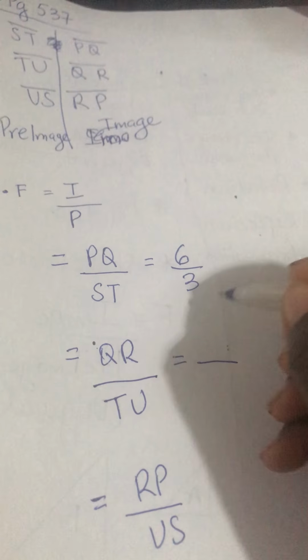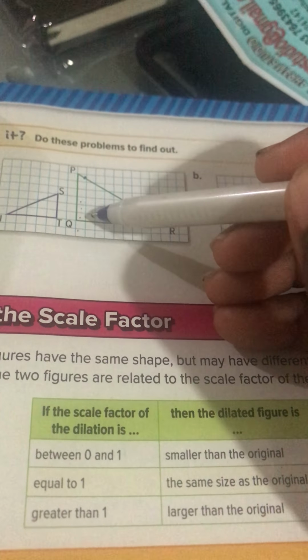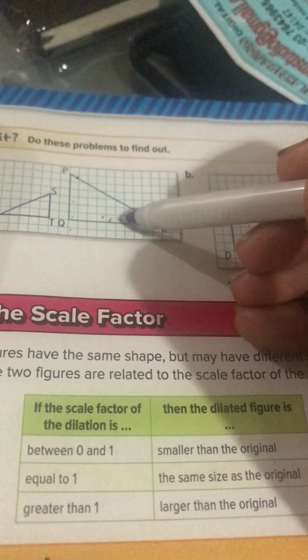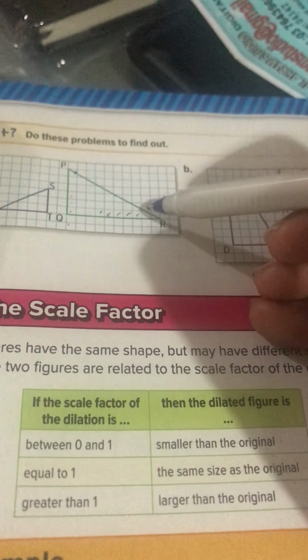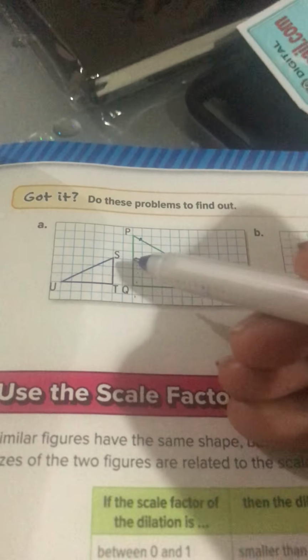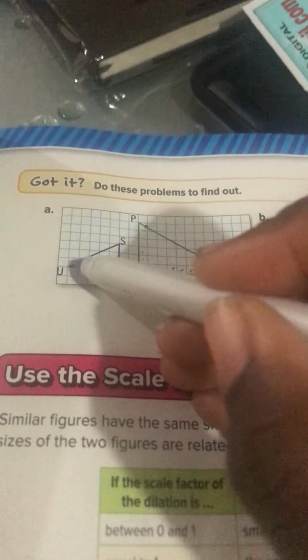I do the same for QR. 1, 2, 3, 4, 5, 6, 7, 8, 9, 10. I go to TU. 1, 2, 3, 4, 5.